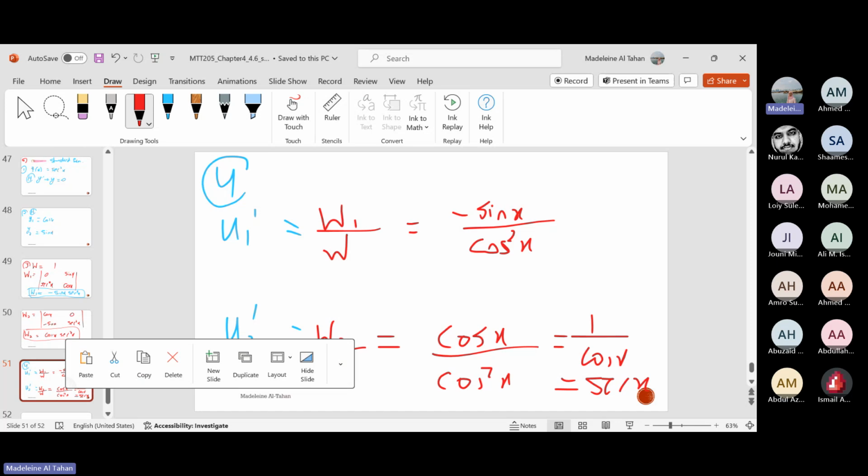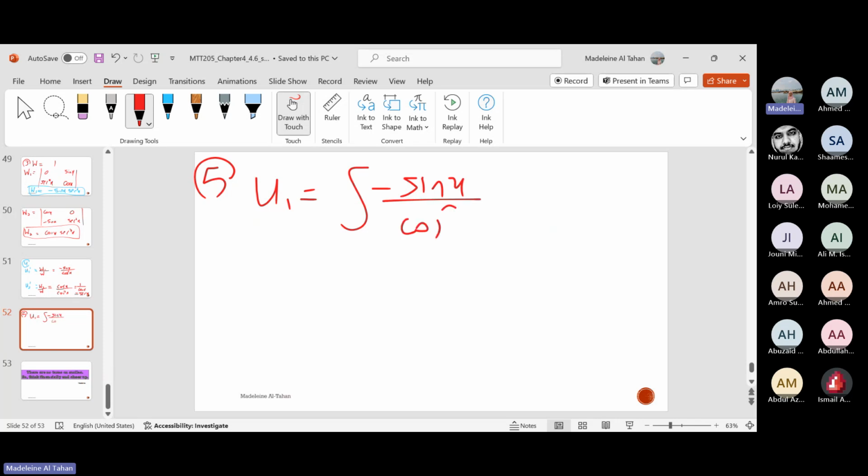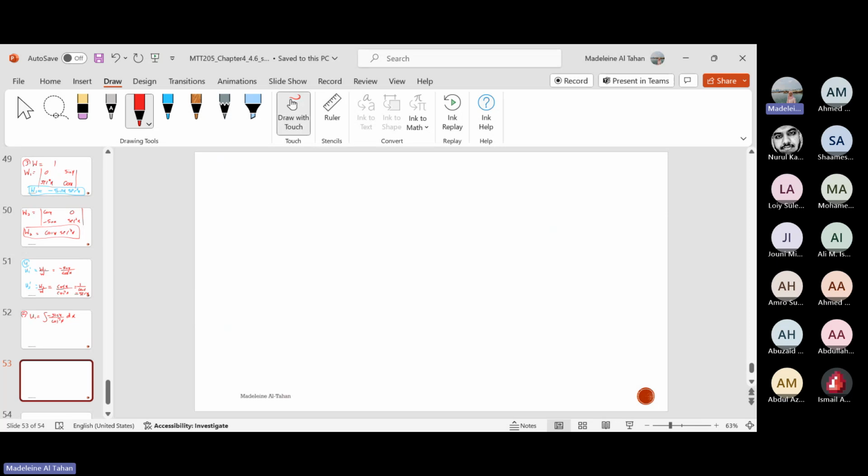Now the next step. U1 is the integral of negative sine x over sine square x dx, and U2 is the integral of secant x dx.